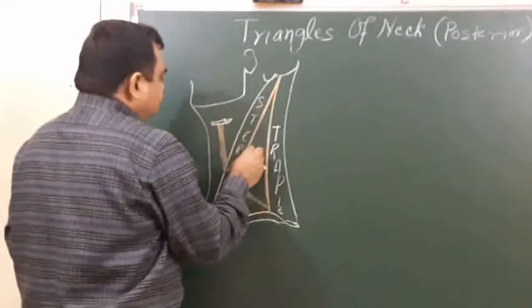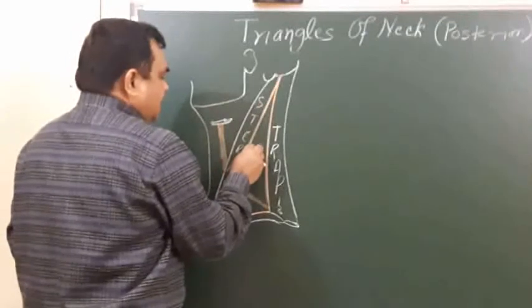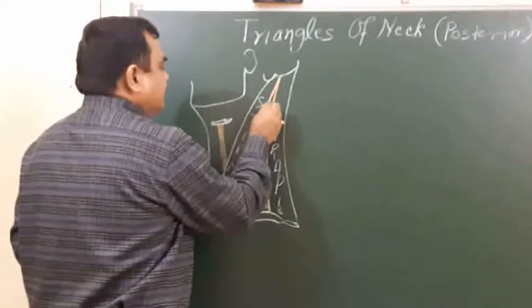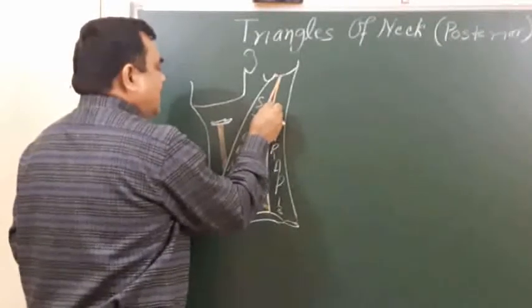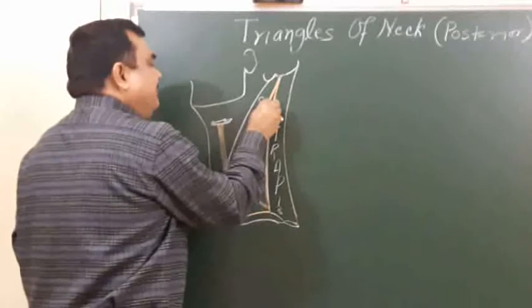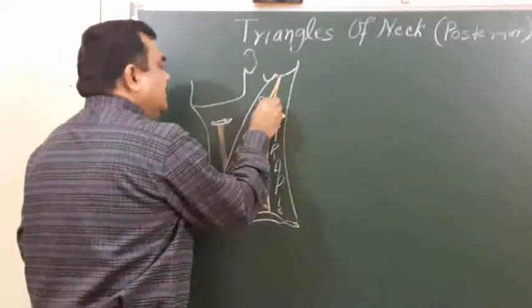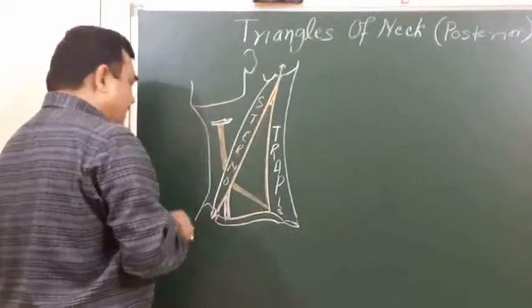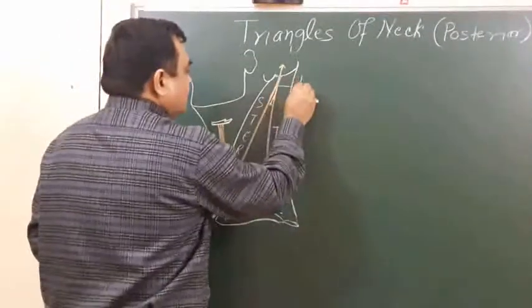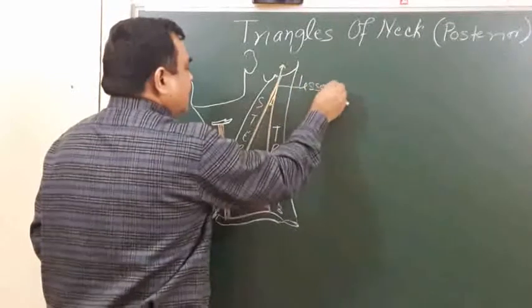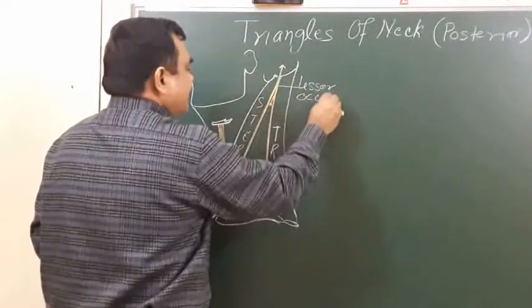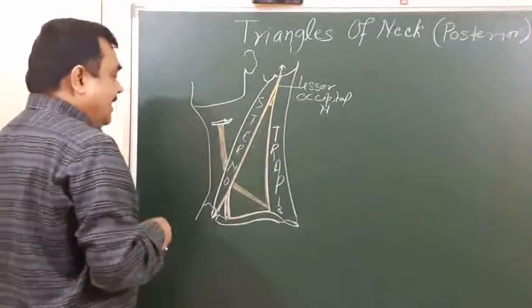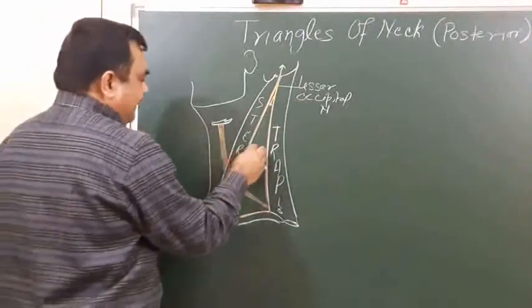Here you can see nerves in the superficial fascia. This is the lesser occipital nerve. Here is another nerve.